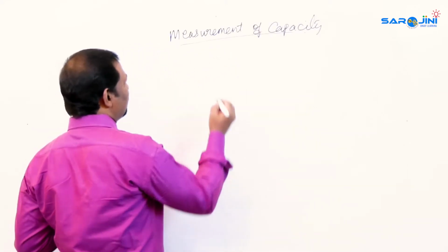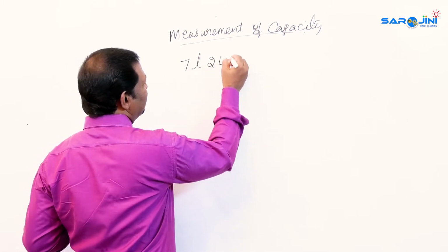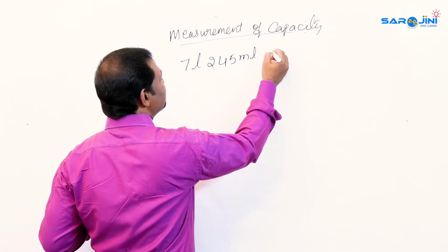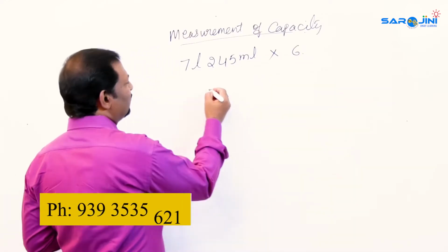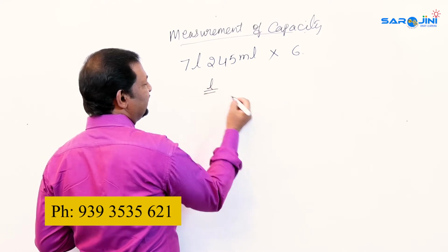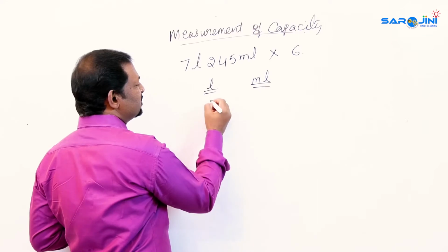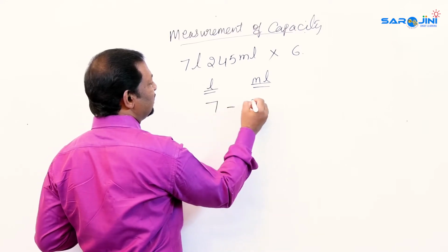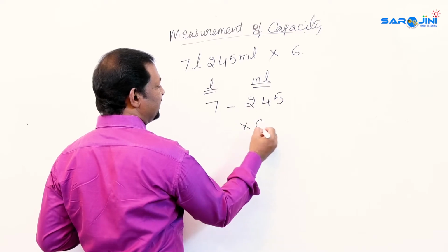Okay, suppose there are 7 liters 245 milliliters multiplied by 6. We can write liters and milliliters separately. So this is 7 liter 245 milliliter multiplied by 6.